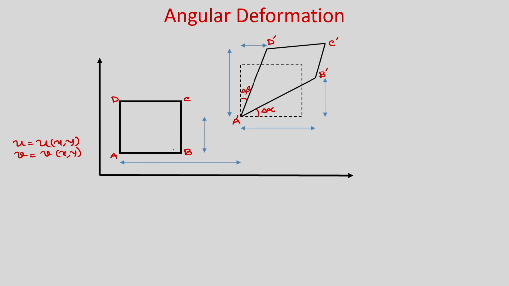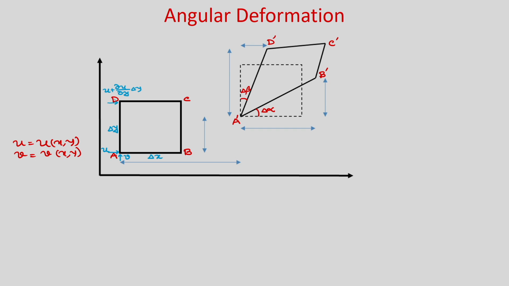Similarly, as u is a function of x and y, there will be a change in the velocities. In this fluid element, the velocity is u here and v there. If the length is delta x and this length is delta y, then here the velocity will be u plus del u by del y delta y.